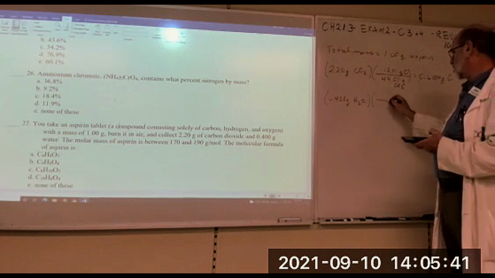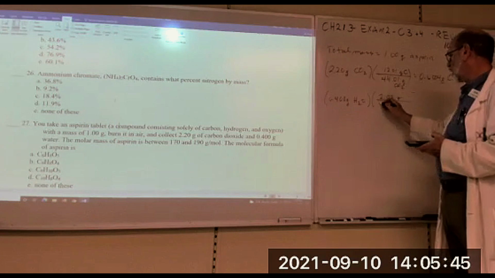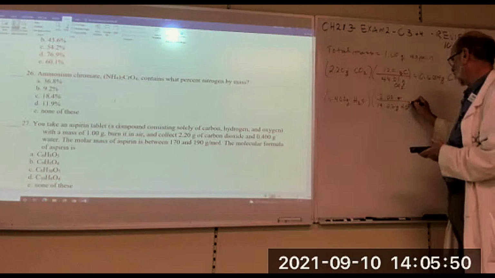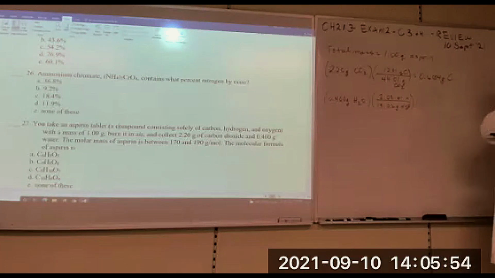Well, let's see. Hydrogen's going to be 2.02 grams for every 18.02 grams of water, right?